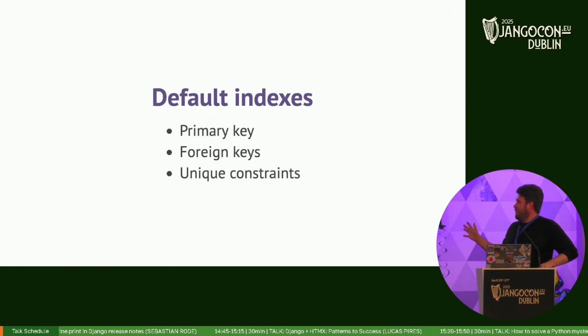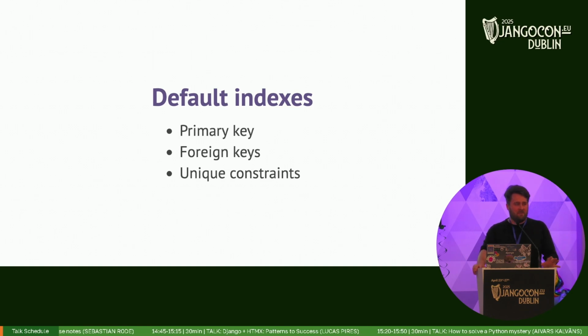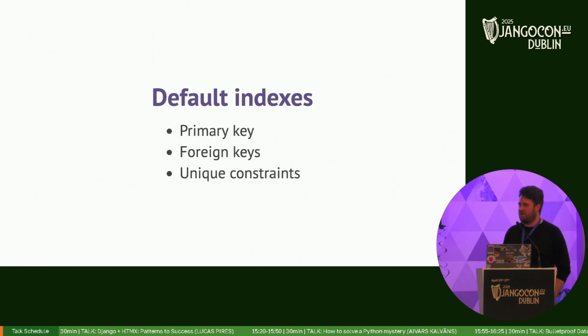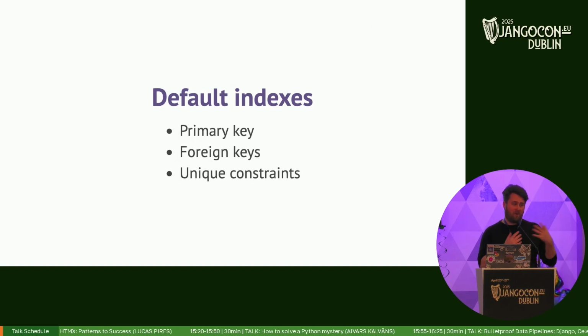There are some default indexes. These aren't done by Django. These are done by databases, and Django just relies on them and doesn't touch them. So whenever you create a primary key on a table, which you always need, that has to be indexed. Databases know that you're probably going to look things up by primary key, and it's not going to table scan every time. So it's enforced by relational databases that you need the primary key indexed. Additionally, whenever you add a foreign key, that will also have an index.